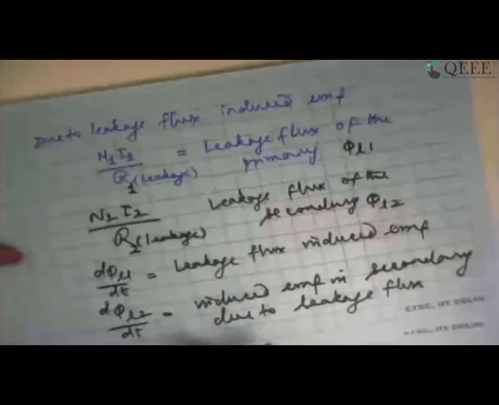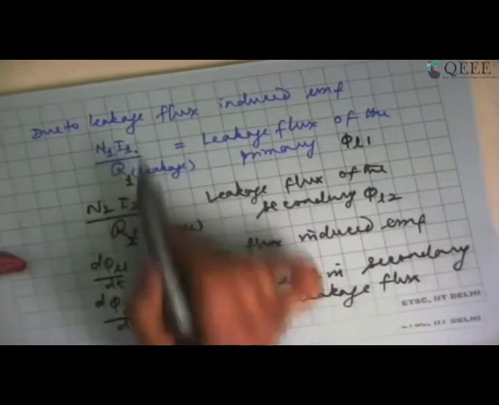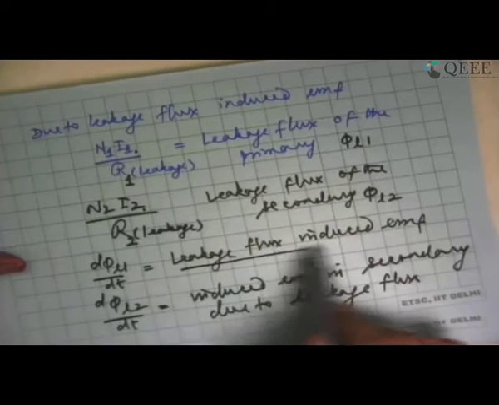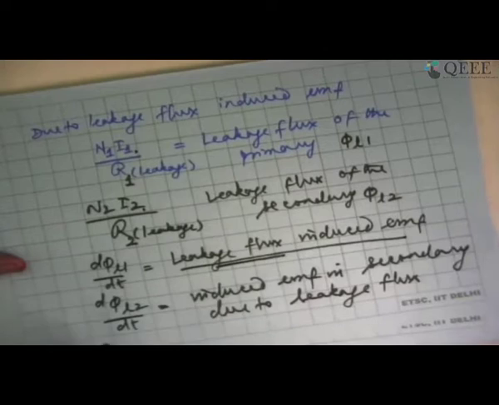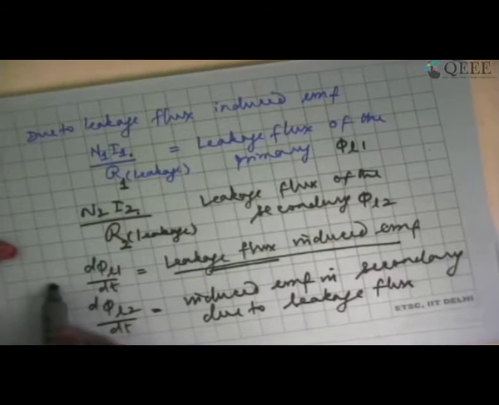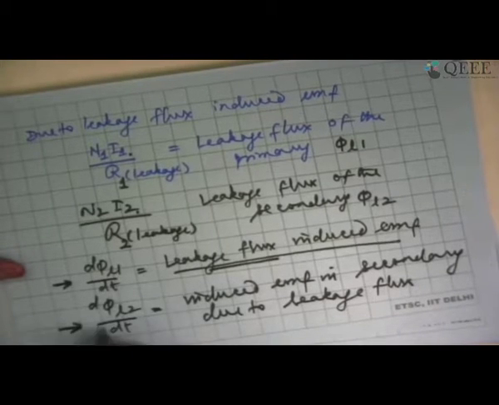So, in general, what I can say is as the current increases either in I1 or I2, correspondingly the leakage flux drop or the induced EMF is going to increase. So what I can do is to represent this voltage drop, that is the primary leakage flux voltage drop, as well as the secondary leakage flux voltage drop, as being proportional to two reactances.